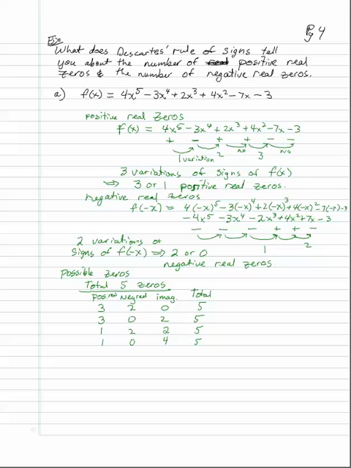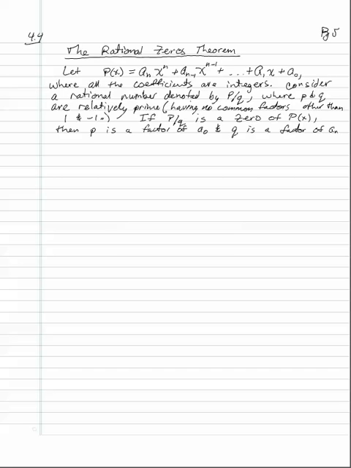Okay, let's move on to the rational zeros. Actually, let me do it on the next page. Okay, so the rational zero theorem says let p of x be a polynomial function, a sub n x to the n plus a sub n minus 1 x to the n minus 1 plus dot dot dot a sub 1 x plus a sub 0, where all the coefficients are integers.